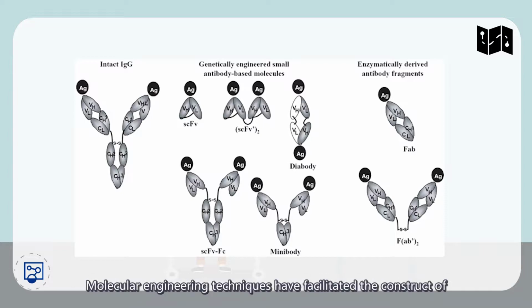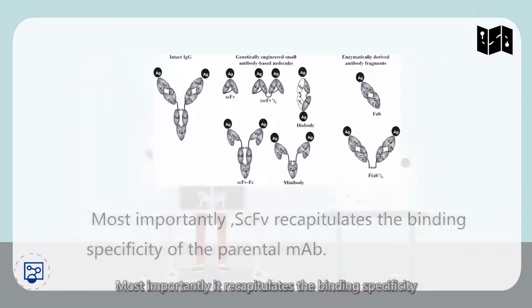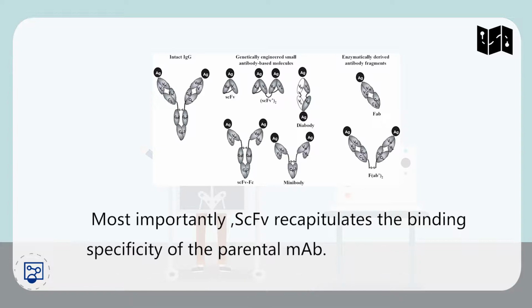Molecular engineering techniques have facilitated the construction of single chain Fv, we call scFv, molecules that are comprised of the VH and VL domains of a monoclonal antibody joined together by a short peptide linker. The scFv is about 25 kD and can be readily produced in a wide range of expression systems. Most importantly, it recapitulates the binding specificity of the parental monoclonal antibody.